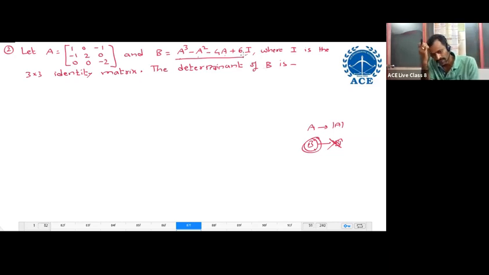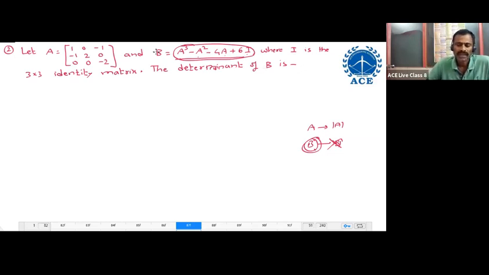Without finding all these powers and the elements of this matrix, we can also find the determinant of B using the eigenvalues only, because the determinant of B is the same as the product of eigenvalues.